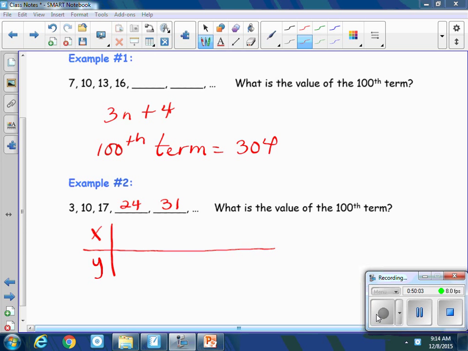Now, x would be your term, right? And y will be the number in your sequence, which means the term determines the number in the sequence. So this is the independent, and that's the dependent. Term 1 would be 3, term 2 would be 10, term 3 would be 17.